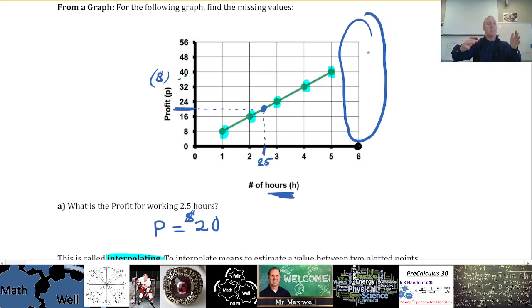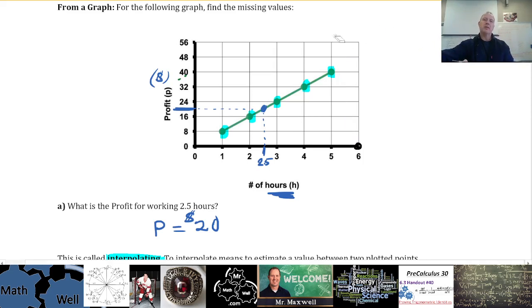Well, again, math is about recognizing and using patterns. So the pattern is, as we've mentioned before, that every hour of work, the pay goes up by $8. So you get $8 an hour, it looks like, in this paying job. And so another point should be here. You see? If you go up from 5, you should go up another $8 from 40.